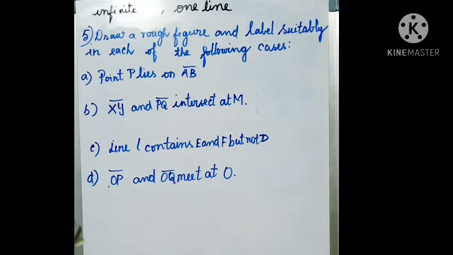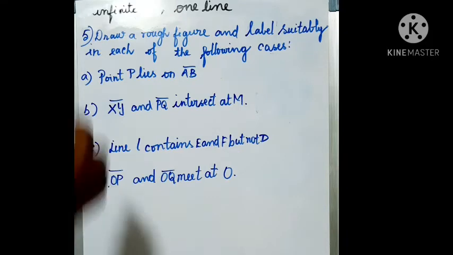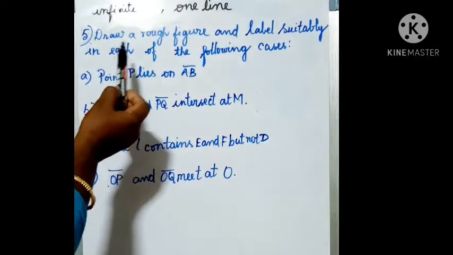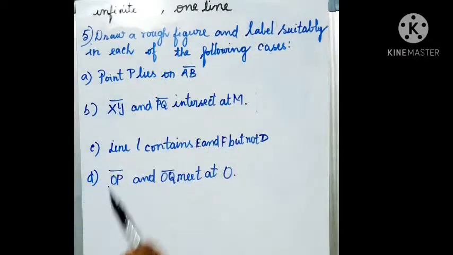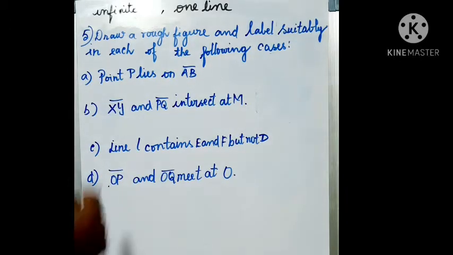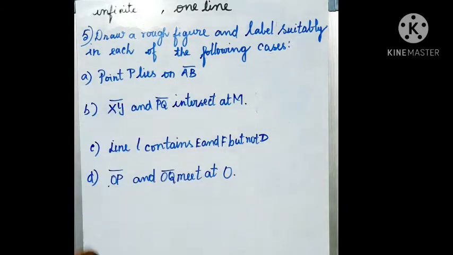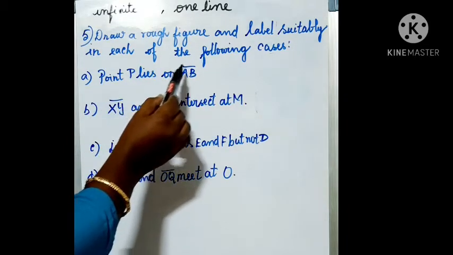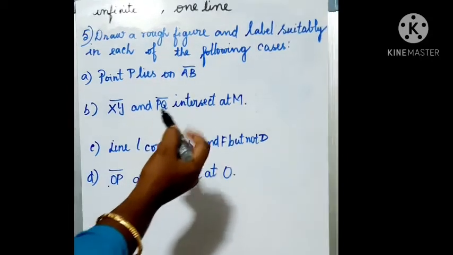This is the fifth question. Draw a rough figure and label suitably in each of the following cases. Here some divisions are given, A to D, and with this you have to draw a figure. The point P lies on line segment AB.